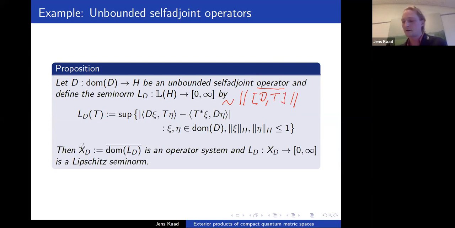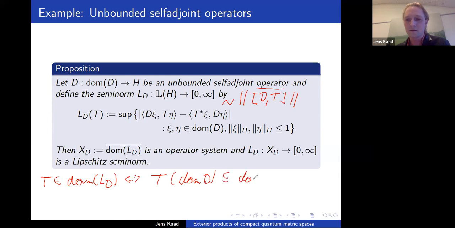But the following holds: an operator belongs to the domain of the seminorm, so it has finite value, if and only if the operator preserves the domain of D, and the closure of the commutator between D and T is bounded.